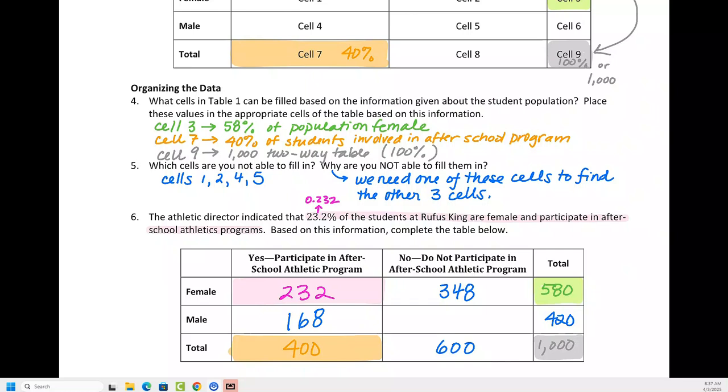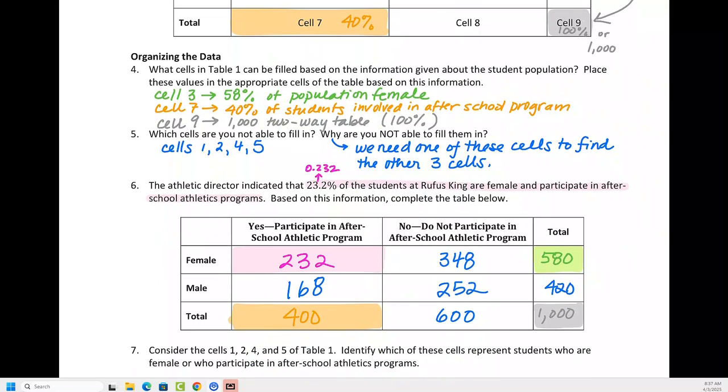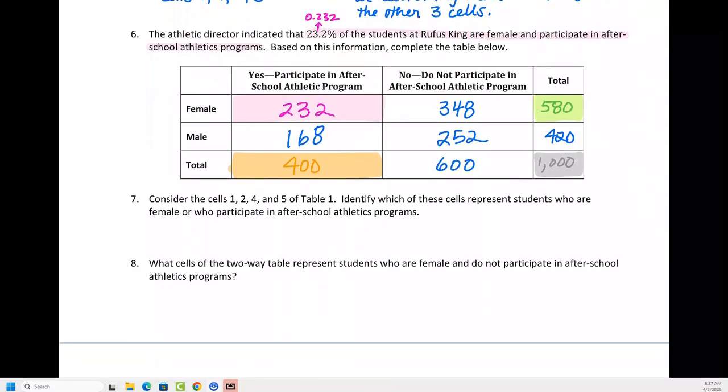And then to get that remaining cell, I can do it by the row or the column. I'll do it by the column. What do I add to 340 to get the 600? That's going to be 252. Any questions on how I constructed that problem? That two-way table, are we okay with that?